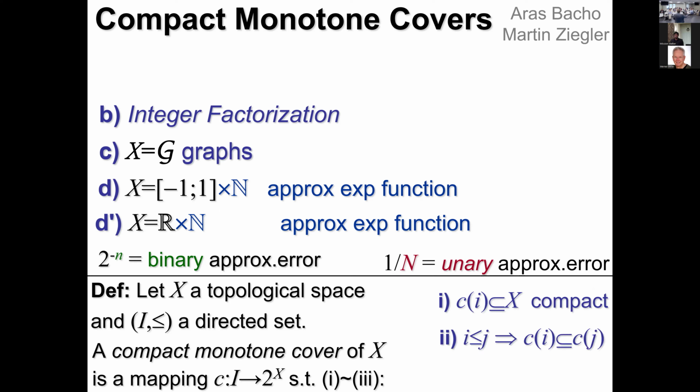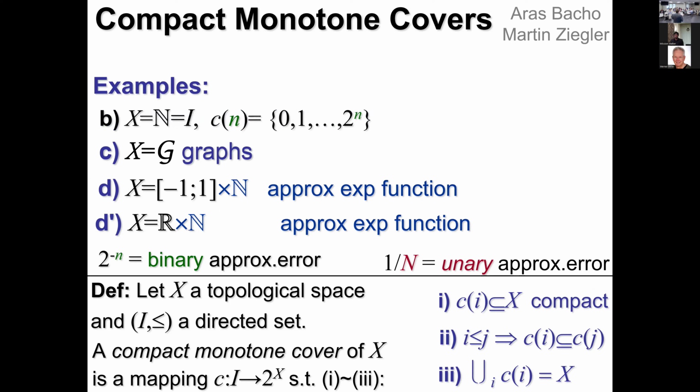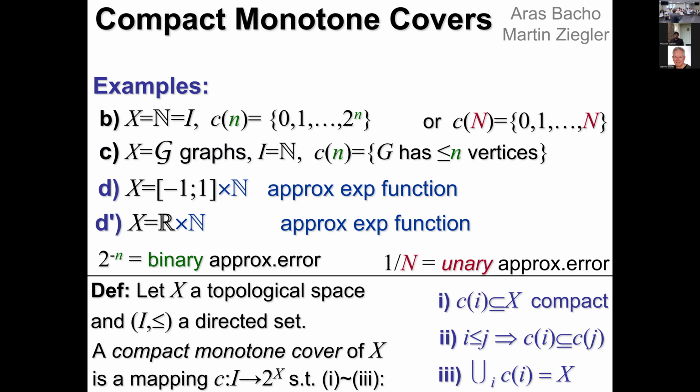It should be monotone, so larger arguments should map to larger sets, and it should cover, so the union should be everything. The examples we just saw fit into this scheme. For the natural numbers, we had this compact monotone cover where the index set is just the natural numbers itself, binary or unary. Same for graphs, the index set is the natural numbers.